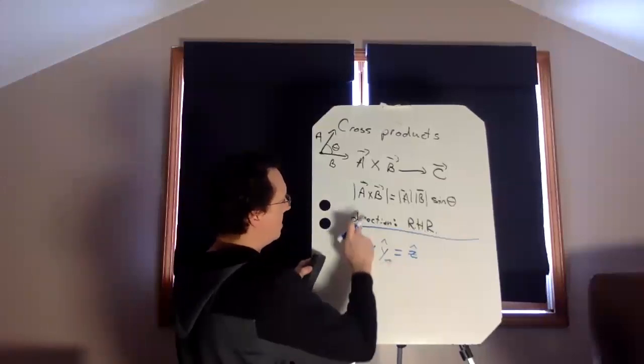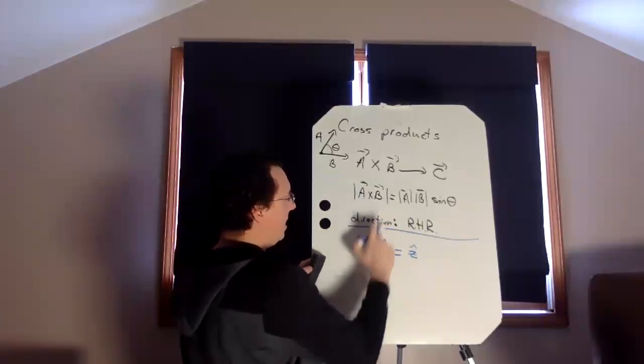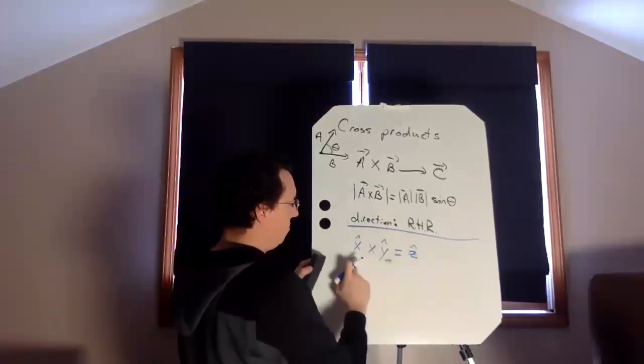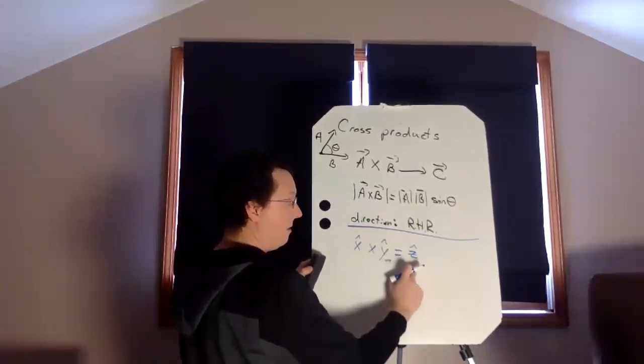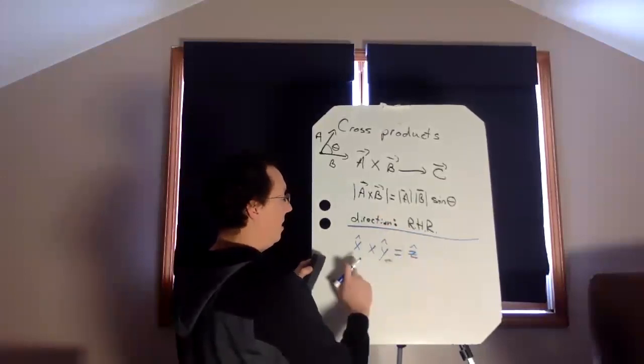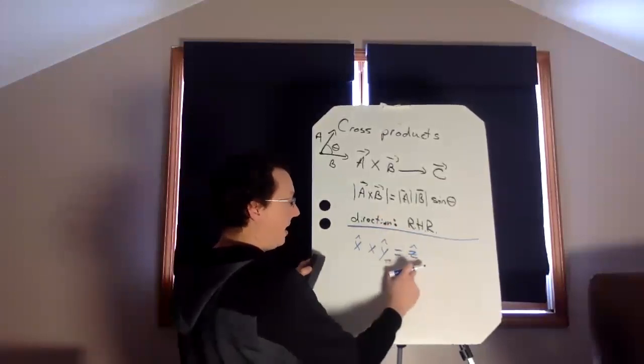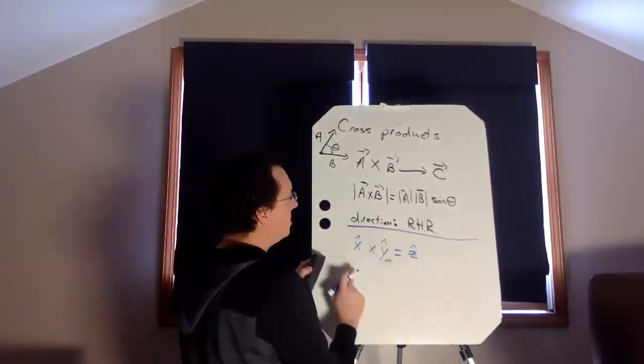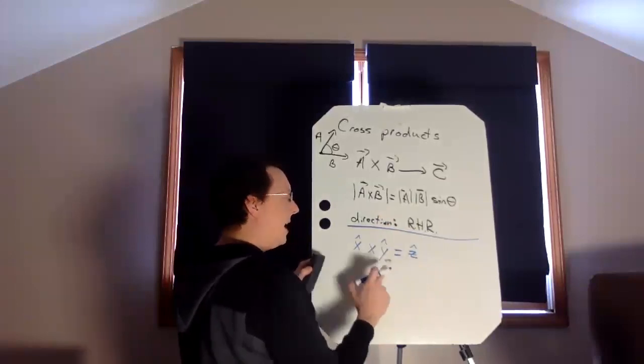Let's check, does that make sense? Magnitude of A cross B, well, that's just 1 times 1. So the magnitude of this is 1, so that's okay. They're perpendicular. The answer is perpendicular to both the inputs. That makes sense.